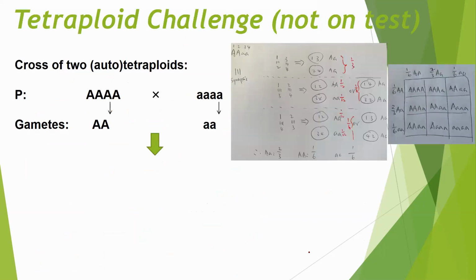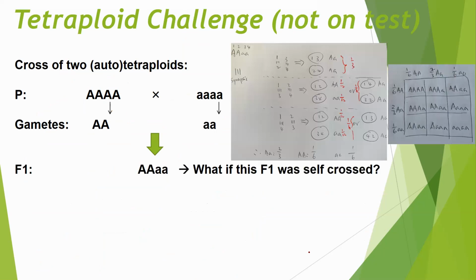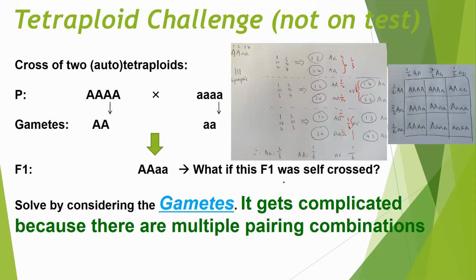This next example is probably too complicated. I just put it here for your information, so after class you can read these slides and try to understand it. But this will not be on the test because it's a little bit complicated.